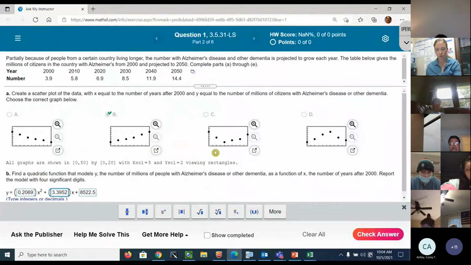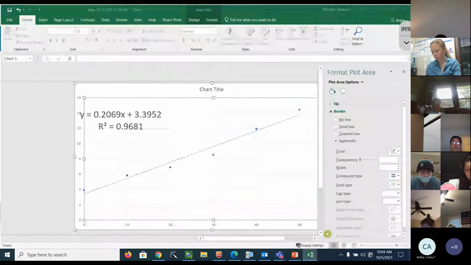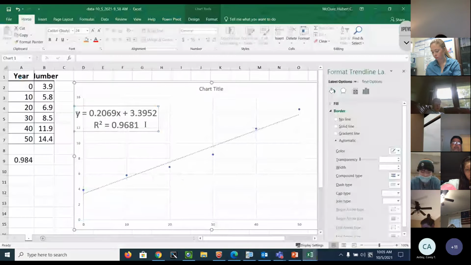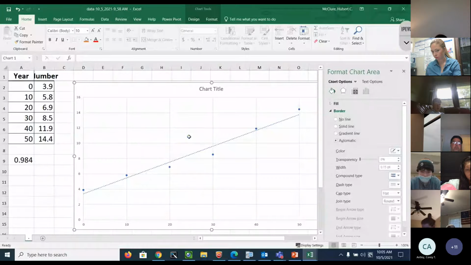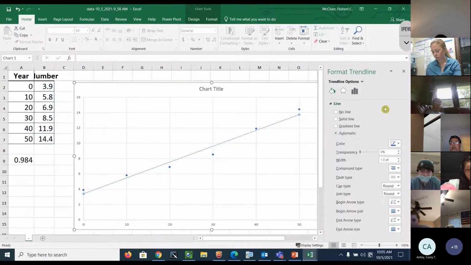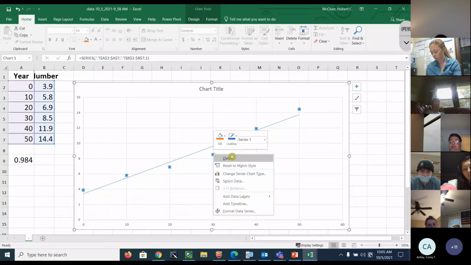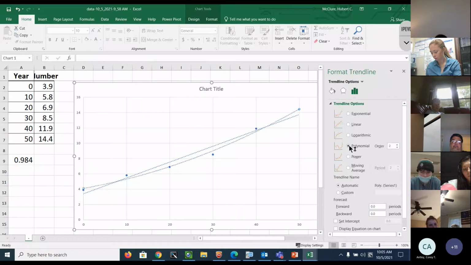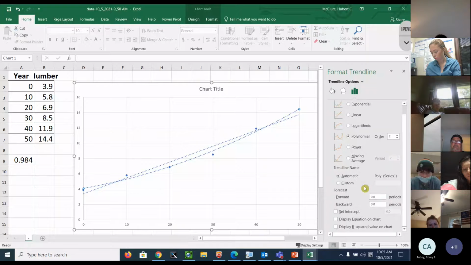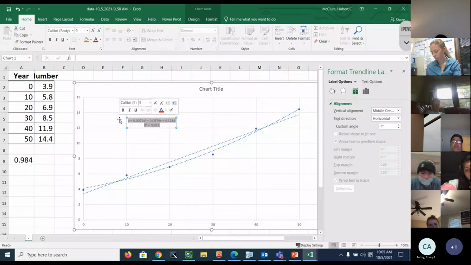Let me go back to the Excel spreadsheet. Let me delete this. Go back, right click, add trend line, go to polynomial, and there it is. And display. Make sure you read the directions.